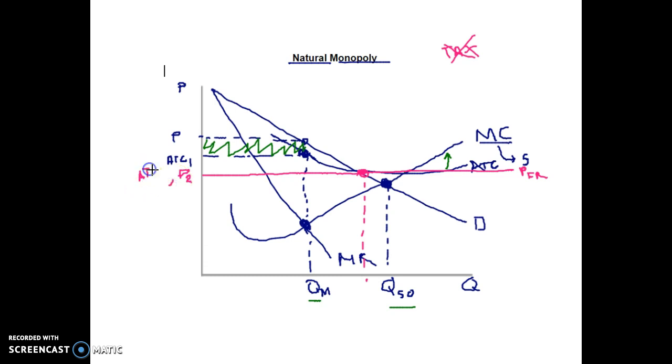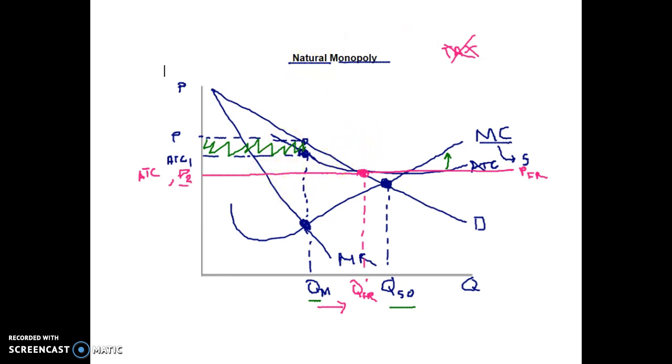It's intersecting both of those curves. So at this point here, we'll call this QFR. This point here, we are closer to socially optimal. We have increased the quantity. We're not quite there, but we still have an economic profit of 0. In other words, our total cost, ATC times QFR, and our total revenue, P2 times QFR, are equal. So we have an economic profit of 0, a positive accounting profit, right?